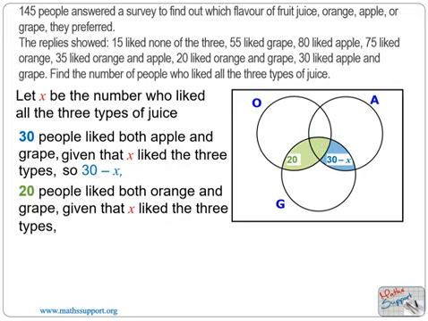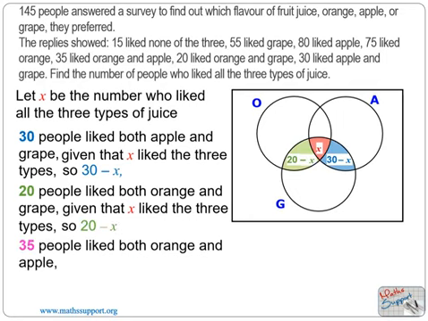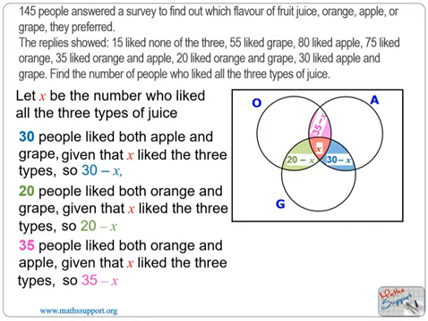So 20 is all this region, but we already have X, so that will be 20 minus X. And 35 like both orange and apple. 35 is the total area, but take away the X region, it will be 35 minus X.